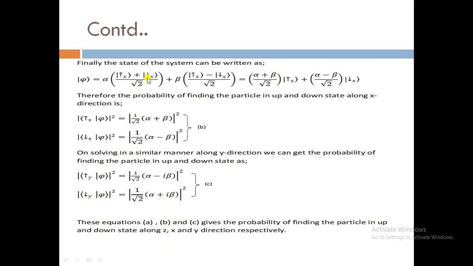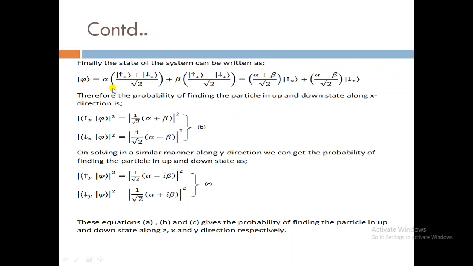On simplifying these and bringing this into terms of |↑x⟩ and |↓x⟩, as we have previously found, the spin up state is represented by |↑x⟩ and the spin down state is represented by |↓x⟩. So taking this form, here would be α|↑x⟩/√2 and here would be β|↑x⟩/√2.